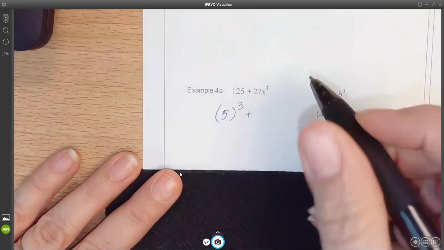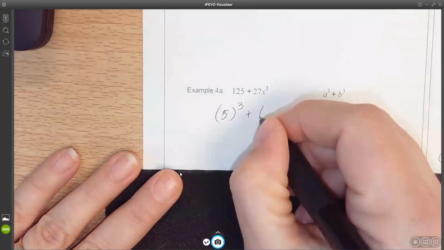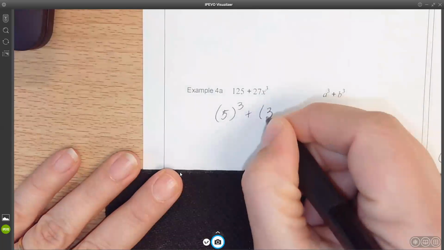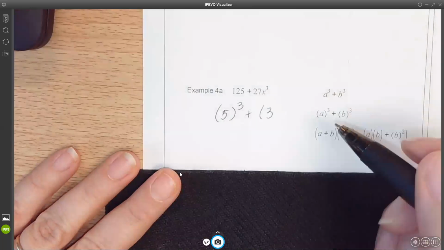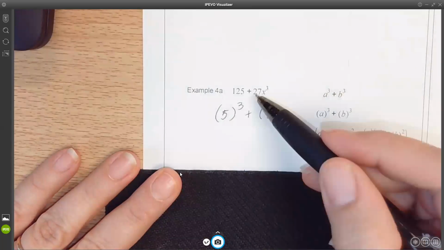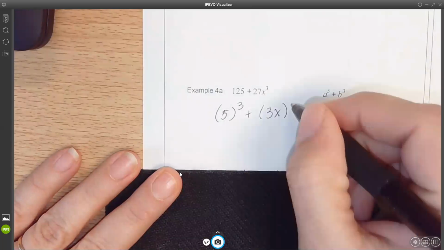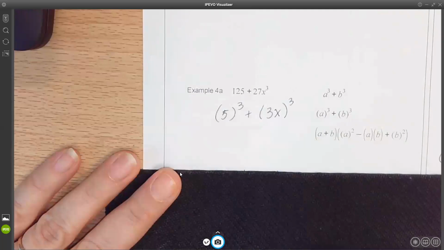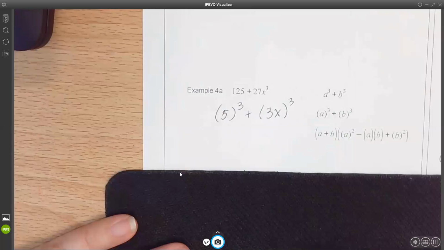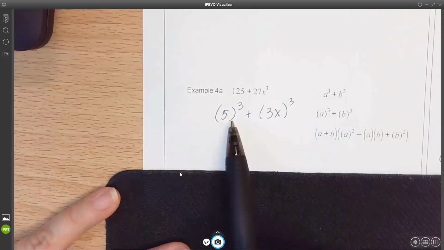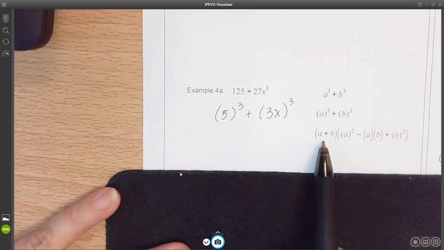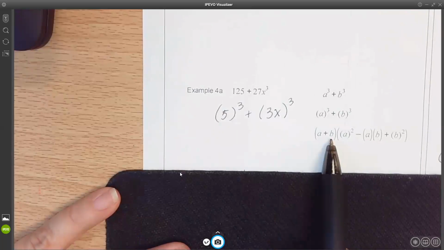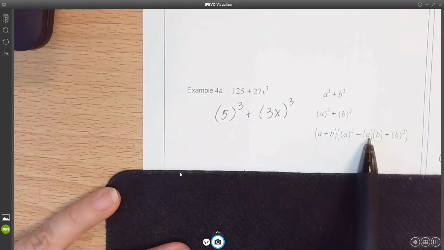And 27x cubed, 27 is 3 cubed, so 27x cubed is 3x cubed. 3x times 3x times 3x, 5 times 5 times 5. And if I add those together, this is how you'd factor that, as this pattern: a plus b times a squared minus a times b plus b squared.